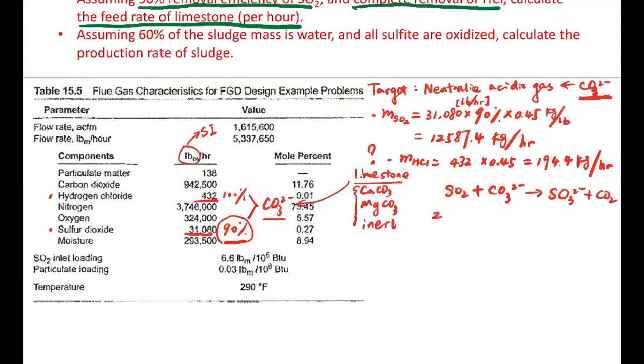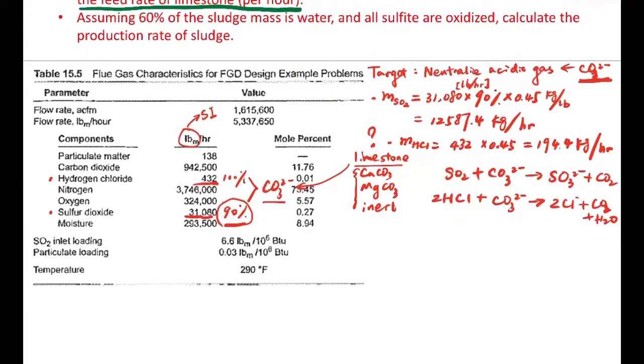And two moles of hydrogen chloride will react with one mole of the carbonate ions. So we have these two reactions.